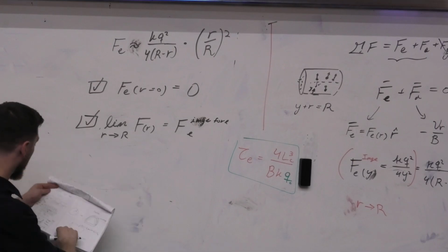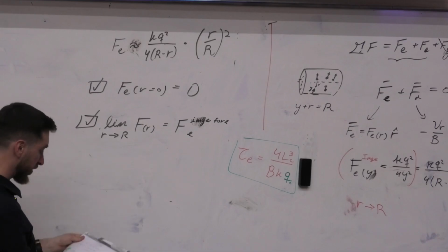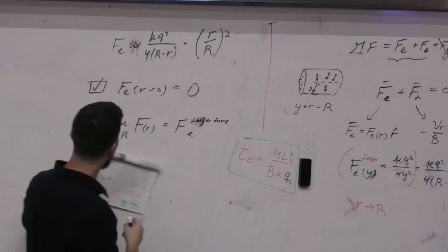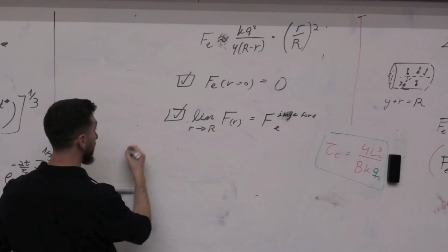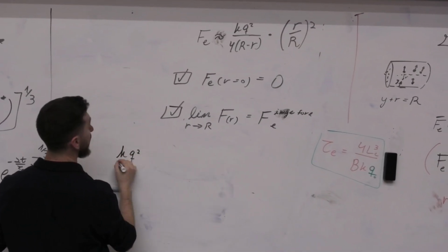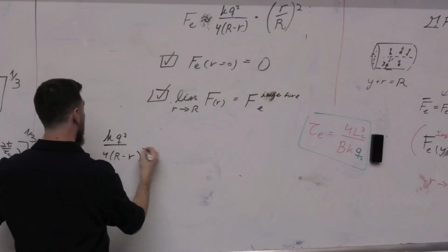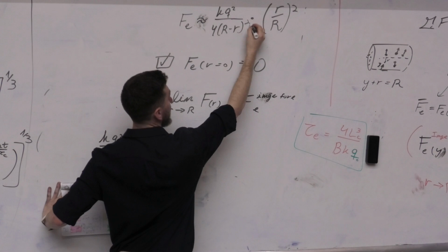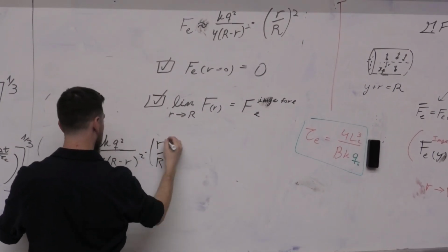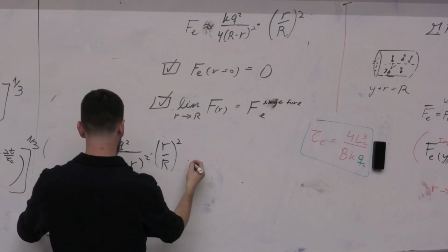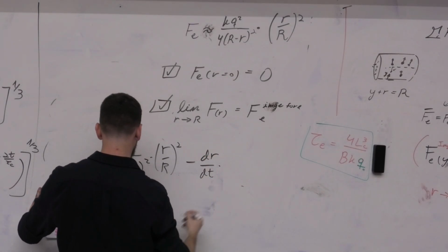So for that reason, we're going to continue with this force. But of course, I told you, you can check this in the final project. So if you go with that assumption, we have the equation: the electrostatic force, K Q squared over 4 times R minus R squared, here I missed a square, multiplied by R divided by R squared, minus the drag force, right?